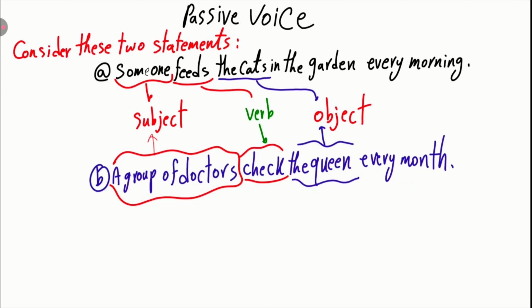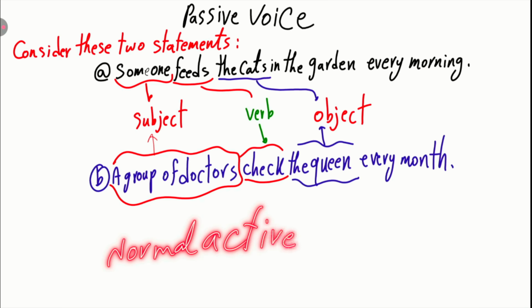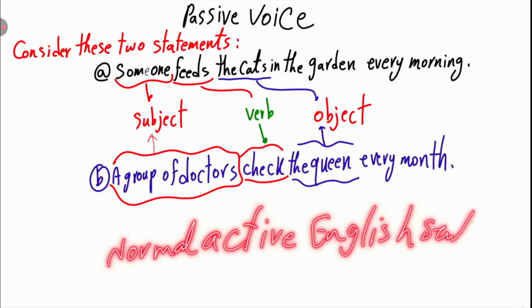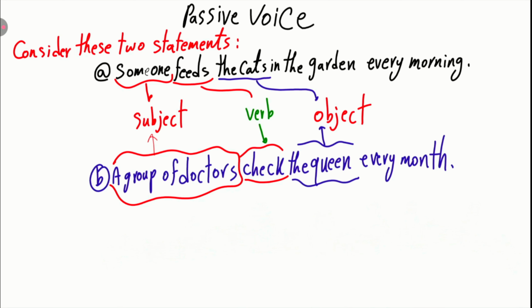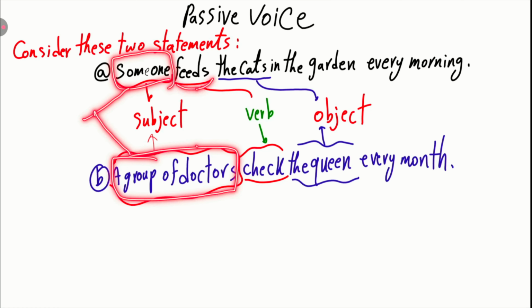As you see here, my friends, those are called normal active English sentences, into which the subject comes first, then after that the verb, as you see here and here, and last but not least is the object.